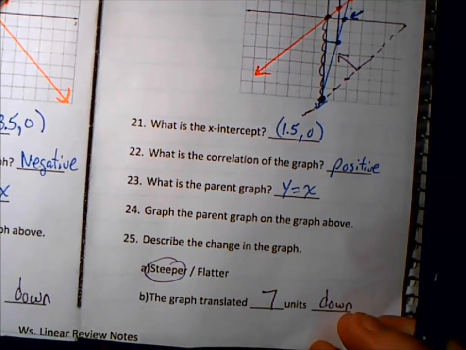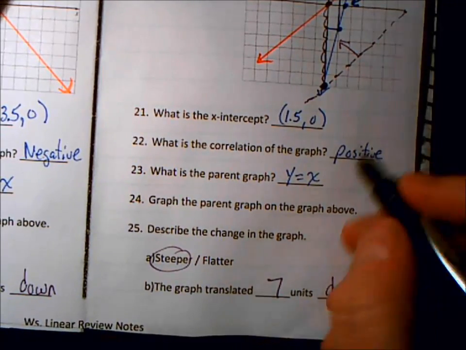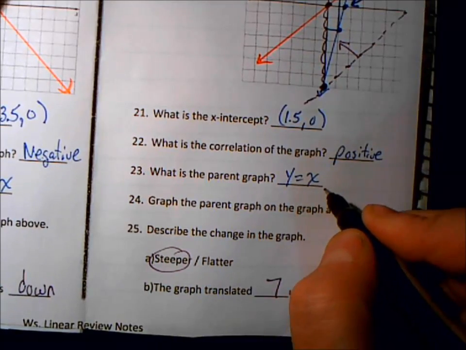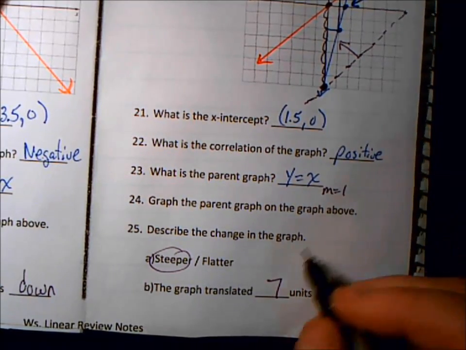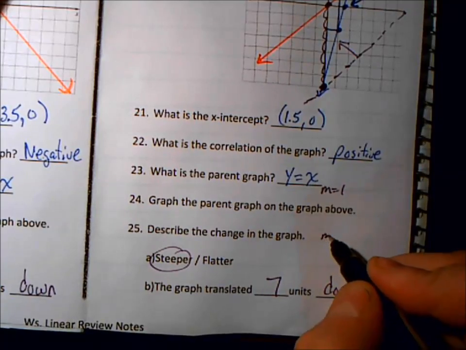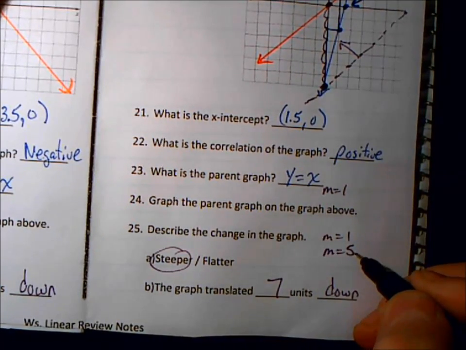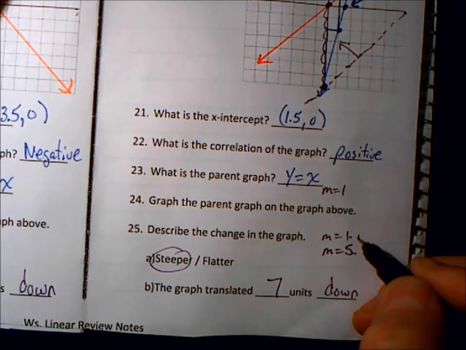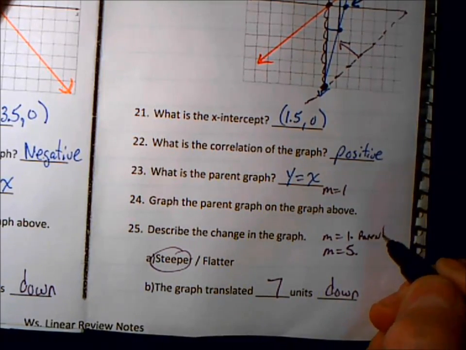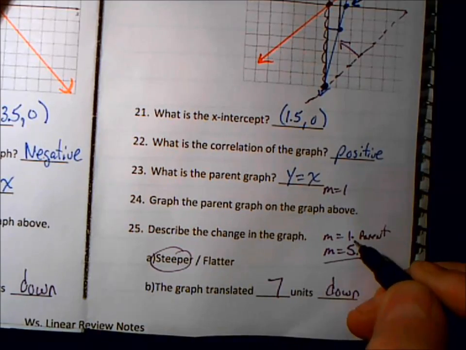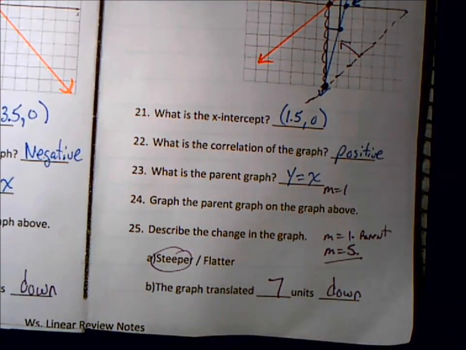Okay, that means it is steeper. And realize here the slope of the parent graph is 1. Our equation, we're looking at the slopes, and you see how the new slope is above. This one was the parent slope, and this is the slope of your equation. This is a greater than 1, that's why it is steeper.